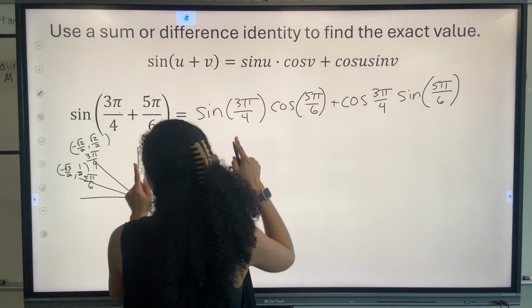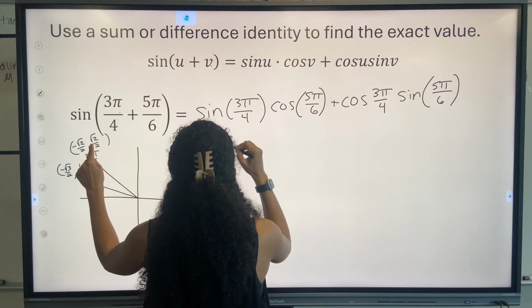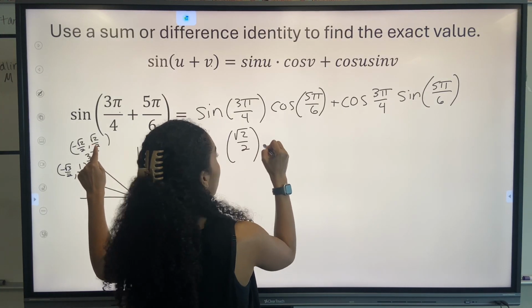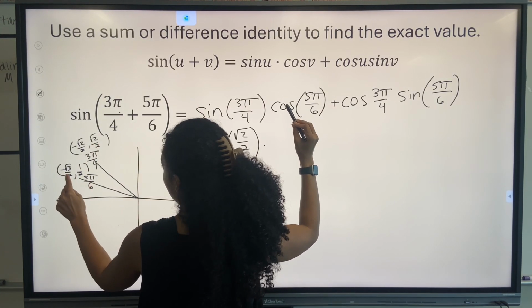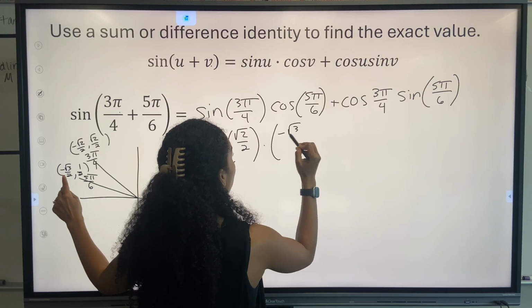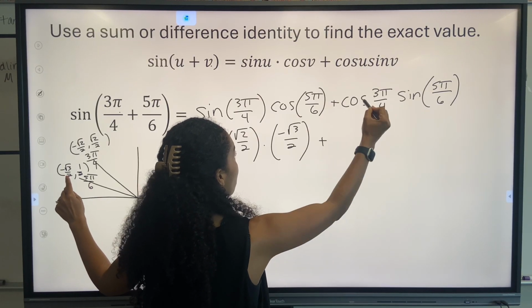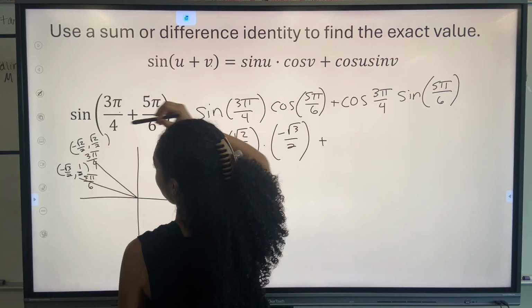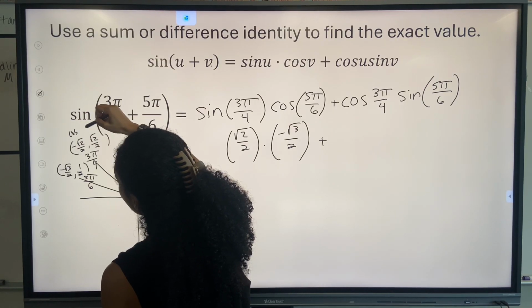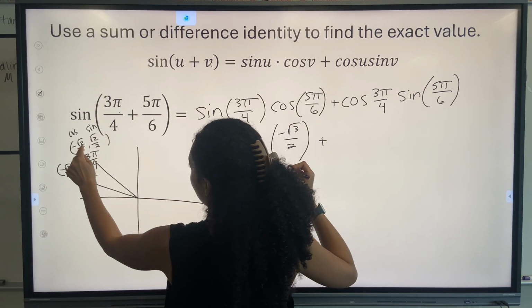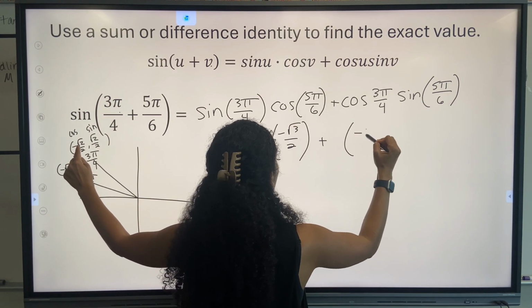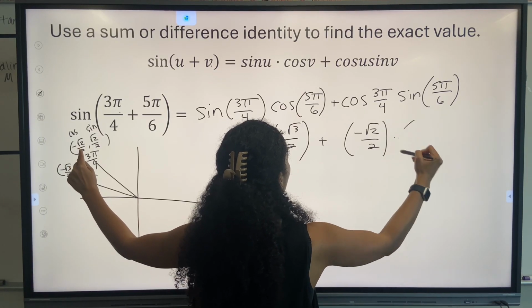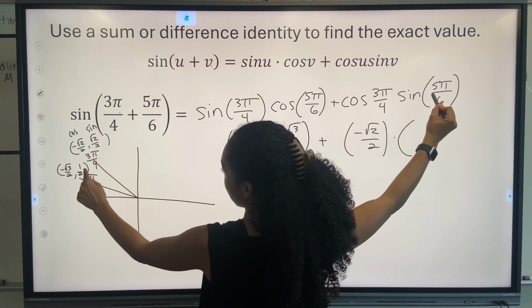So sine at 3 pi over 4 is square root of 2 over 2 times cosine at 5 pi over 6, negative square root of 3 over 2, plus cosine at 3 pi over 4. Remember, the first value is cosine, the second value is sine. So I want this one right here. Negative square root of 2 over 2 times sine at 5 pi over 6 is 1/2.